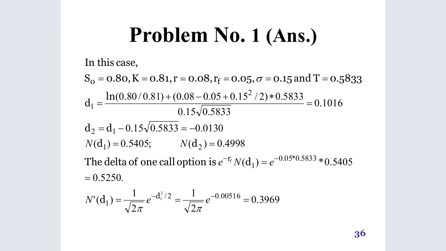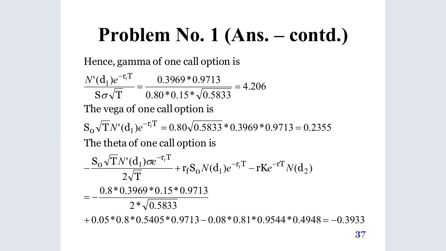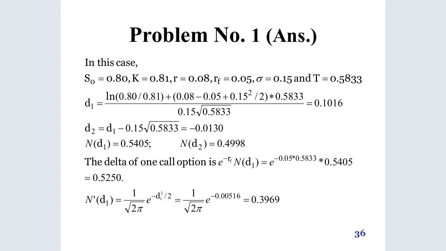Once I calculate N(D1), I know that the delta of one call option is e to the power of minus RF times N(D1). I've calculated all the values, so I know what the delta of the call option is. What is gamma? Gamma needs an N prime D1. Remember, the gamma formula has an N prime D1. N prime D1 is nothing but 1 by root 2 pi, e to the power of minus D1 squared by 2.